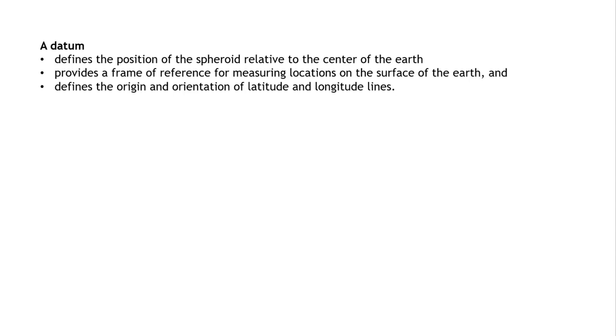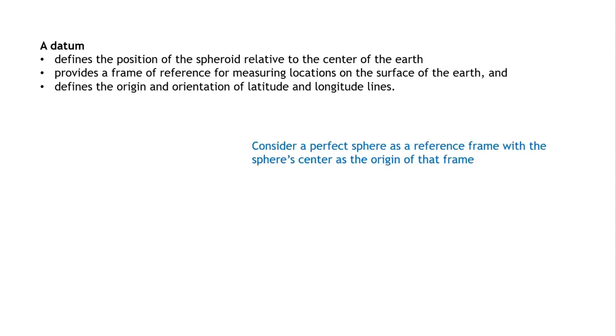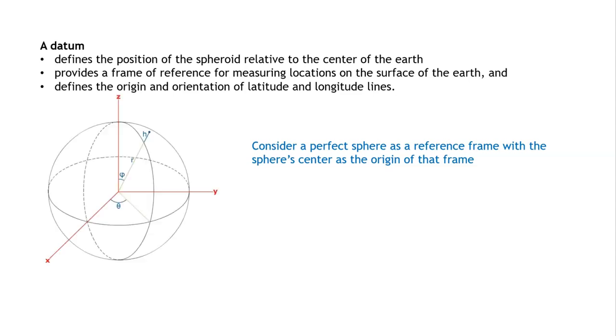It provides a frame of reference for measuring locations on the surface of the Earth, and hence, it defines the origin and orientation of latitude and longitude lines. For example, if I consider a perfect sphere as a reference frame and the sphere center as the origin of the frame, you can just visualize the system in this way.